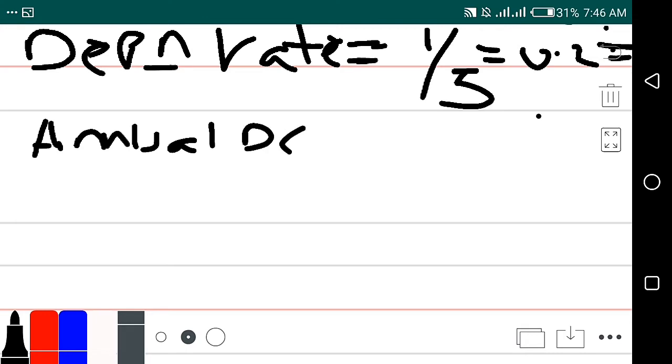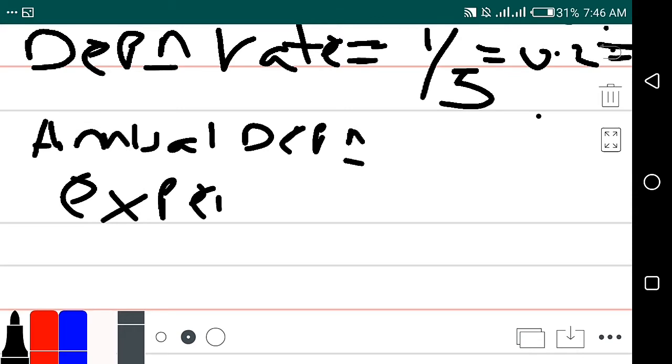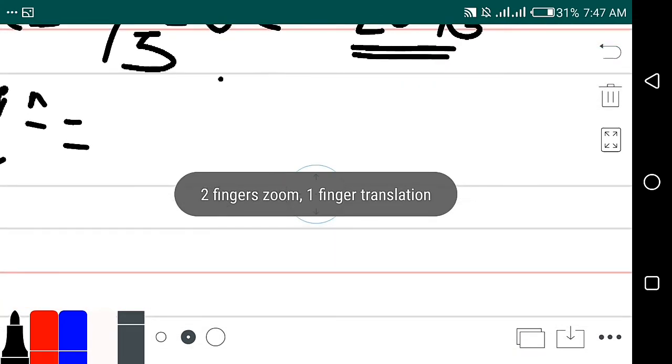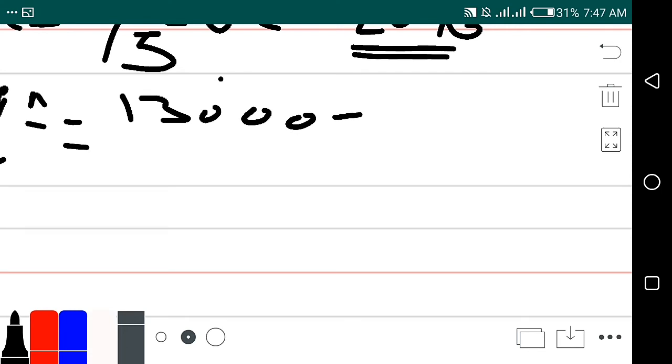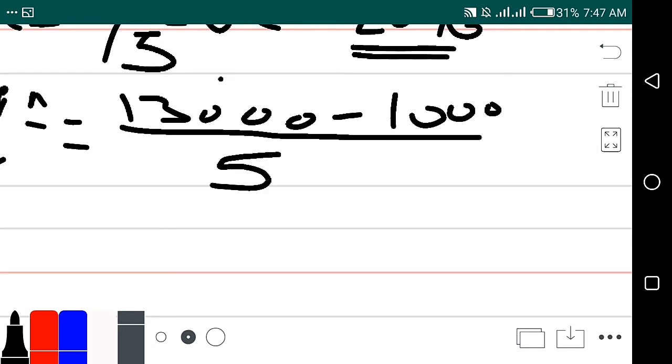Annual depreciation expense is equals to the cost is 30,000 minus the residual value is 1,000 divided by useful life in years, it is 5 years.